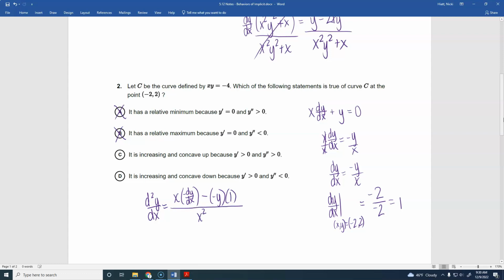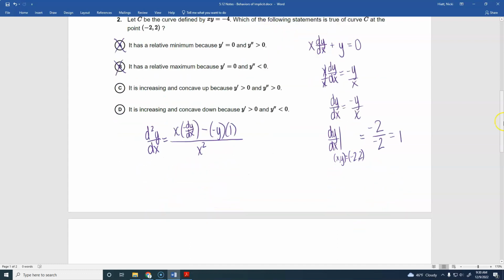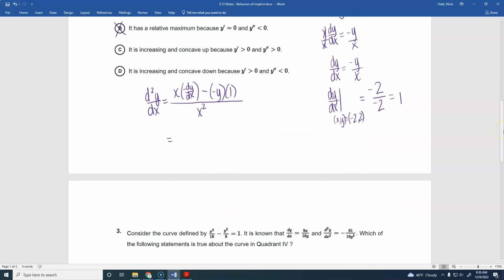Okay, good. And so if we clean that up just a little bit, we'll have -x dy/dx plus y over x squared. And we need to plug (-2, 2) into this here.